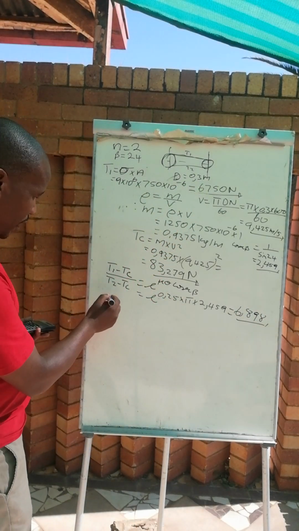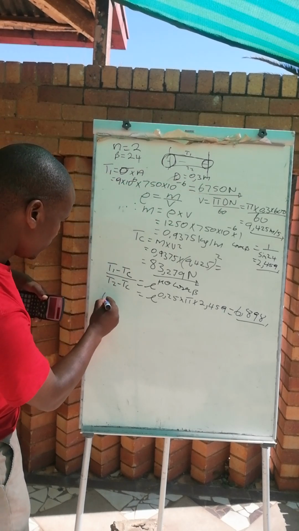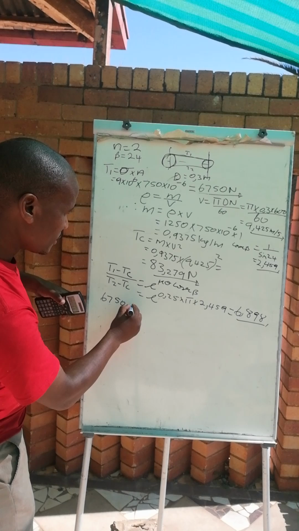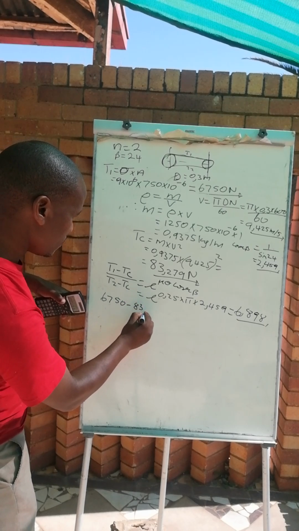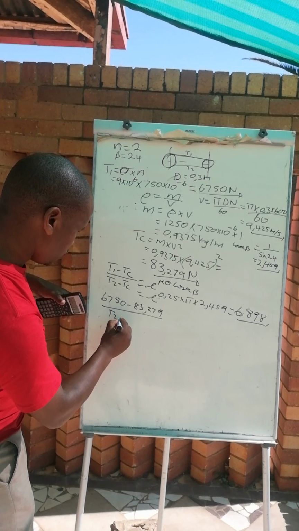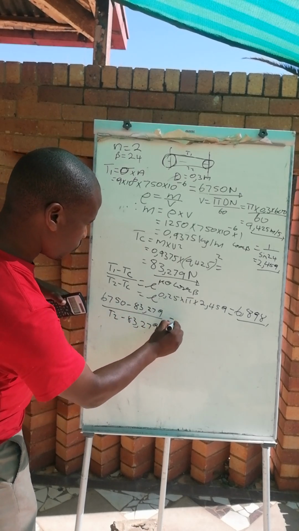Right. Now this is given. It was calculated and found to be 6750 minus Tc, which is 83,279, over T2 minus 83,279 is equal to what?